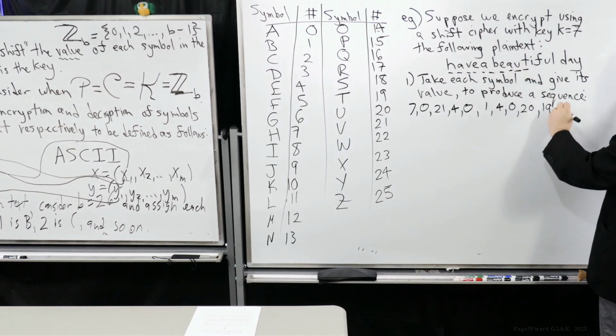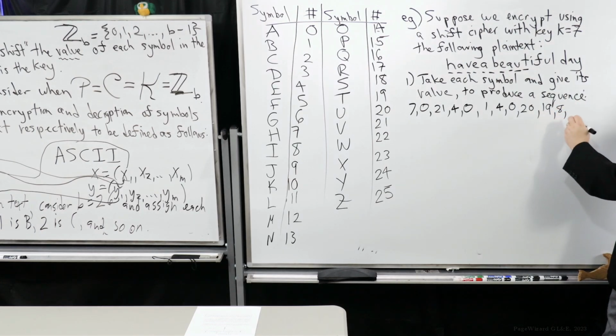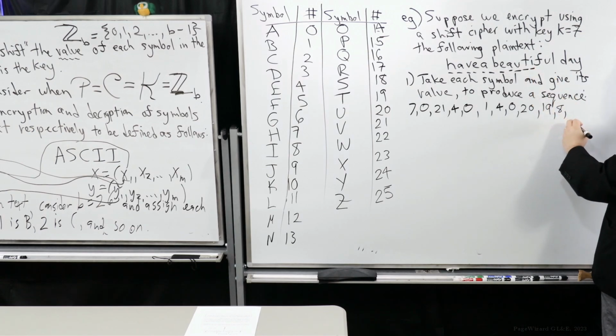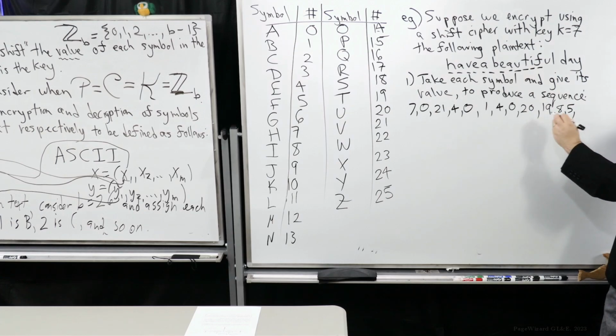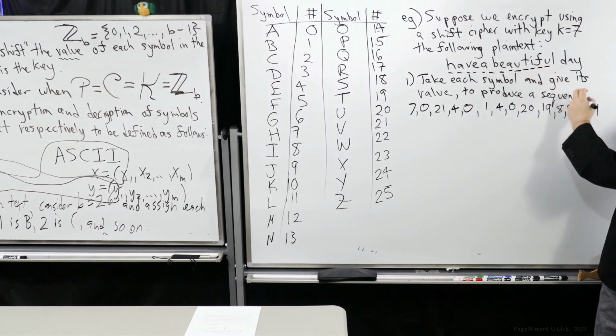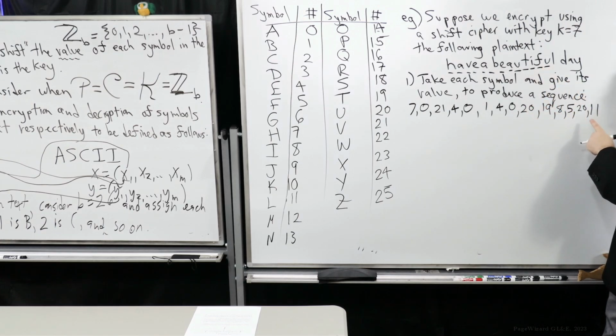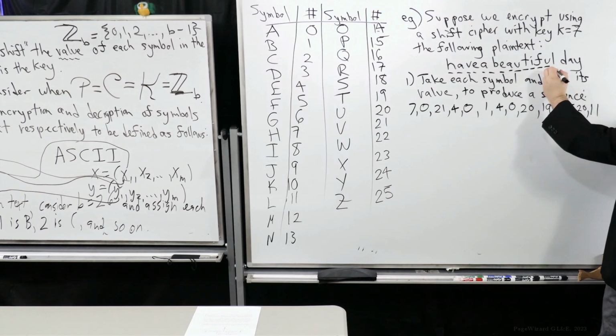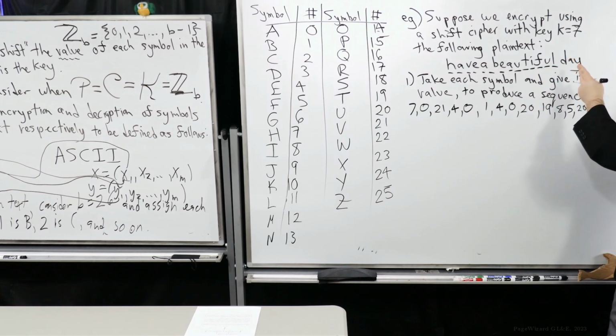I is 8. Then we have F, which is 5. U, we've got 20. Then we got 11, right? 11's I. No, wait, 11 is L. Yeah, L. I was about to say I for some reason.